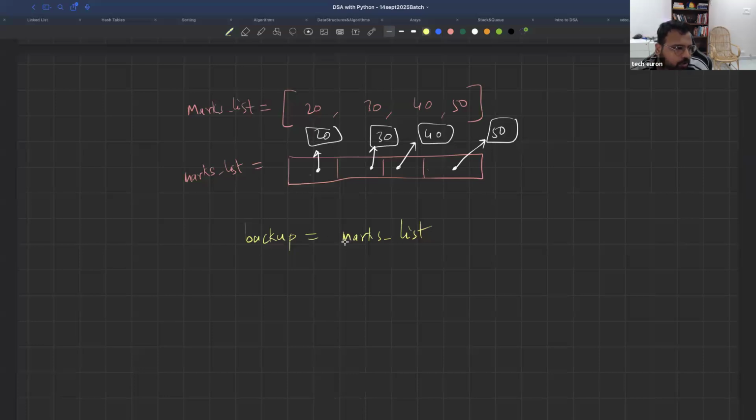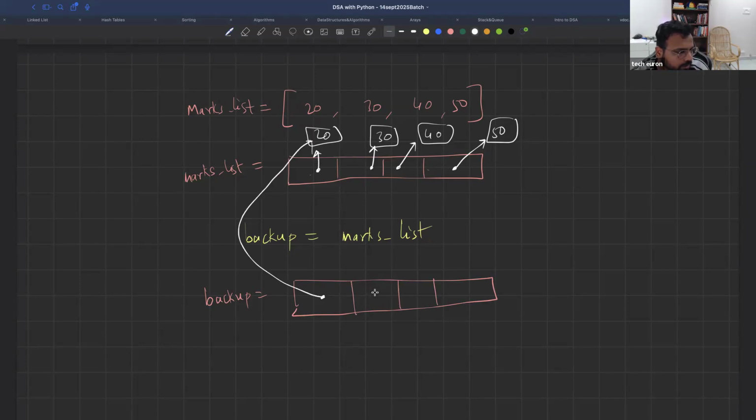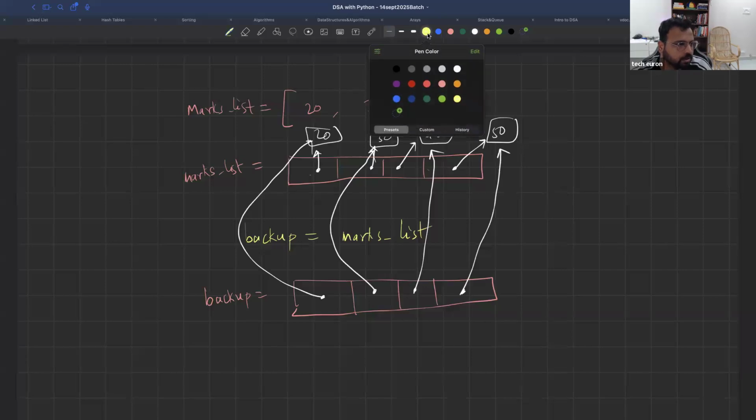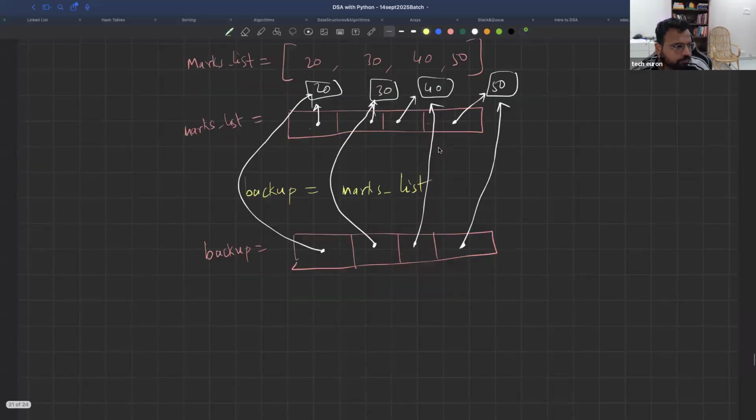So if you create backup is equal to marks list, then this is also one array with the memory location of 20, this will also be 30, this will also be 40, and this will also be 50. So when you're creating a copy like this, guys, are you following?